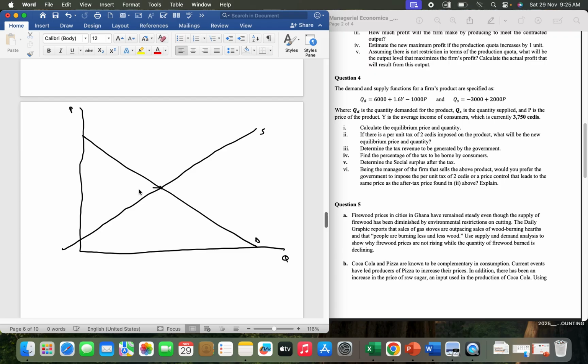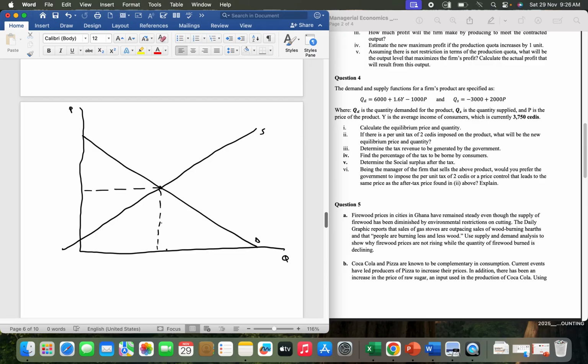Now we have this equilibrium quantity, the initial equilibrium quantity, the one we saw.